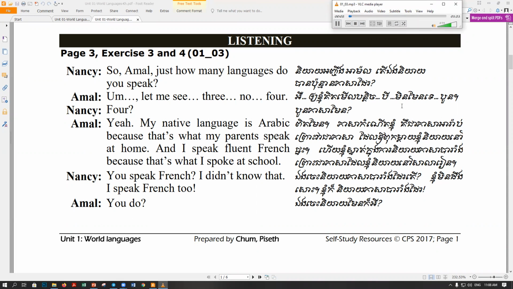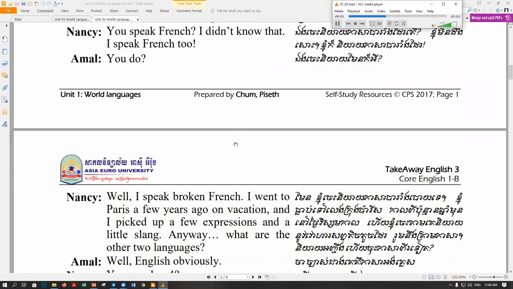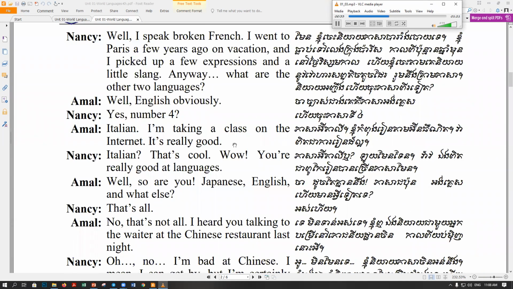Page 3, exercises 3 and 4. So, Amara, just how many languages do you speak? Let me see. 3? No, 4. 4? Yeah. My native language is Arabic because that's what my parents speak at home. And I speak fluent French because that's what I spoke at school. You speak French? I didn't know that. I speak French too. You do? Well, I speak broken French. I went to Paris a few years ago on vacation, and I picked up a few expressions and a little slang.